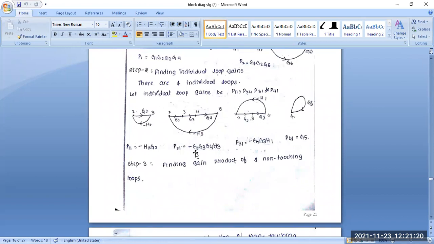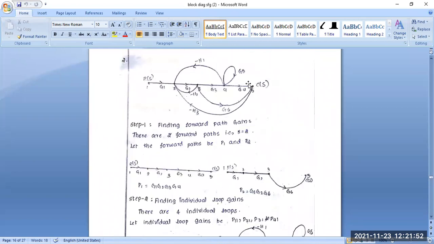Then P21: this is minus H3 and G2, G3, G4, that means minus G2 G3 G4 H3. Then this one, G2, G3 and minus H1, so P31 equals minus G2 G3 H1. Another one is simple, only G5, so P41 equals G5. These are the 4 individual loops in this given problem.